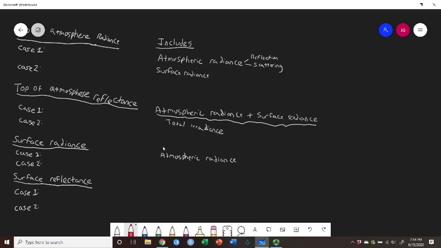Actually, I'll use red to highlight that what we mean is that we do not have atmospheric radiance. The reason we don't have atmospheric radiance is that it's removed by atmospheric correction.